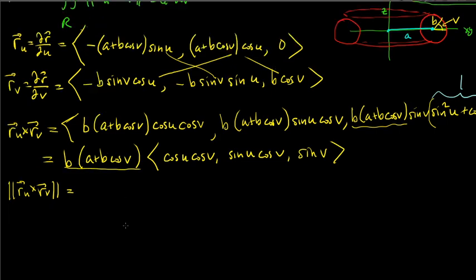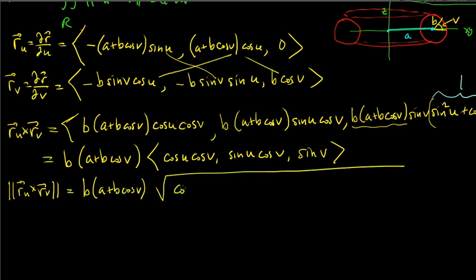Right, we might get a b squared eventually if we multiply this out. But right, this just becomes the common factor. So don't square this, but you're going to take the square root of cosine squared u, cosine squared v, plus sine squared u, cosine squared v, plus the sine squared of v.